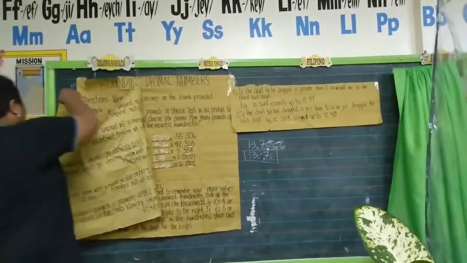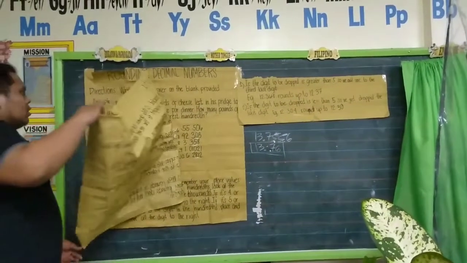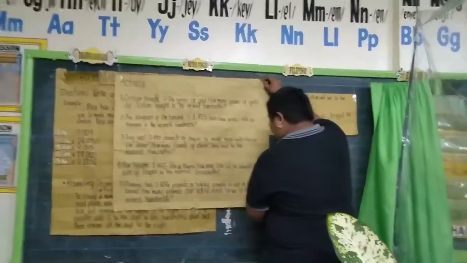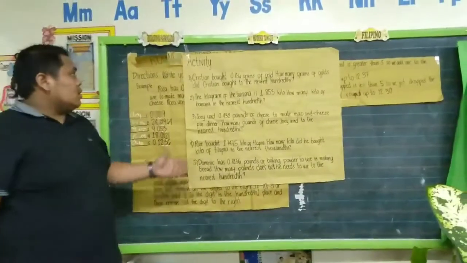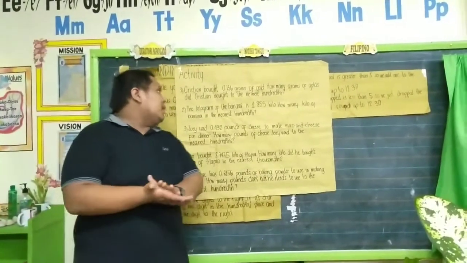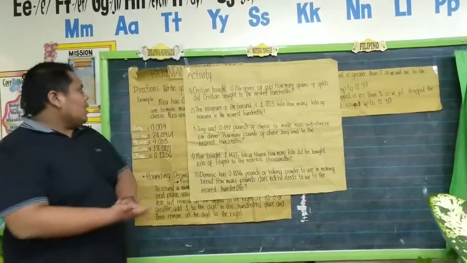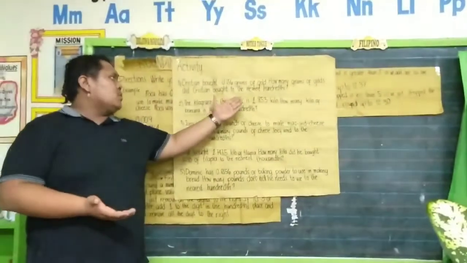So, I have here an activity for you so that I can grasp how much you have understood on my topic. In this activity, get a one-whole sheet of paper and copy the questions. Number 1, Christian bought 0.156 grams of gold.